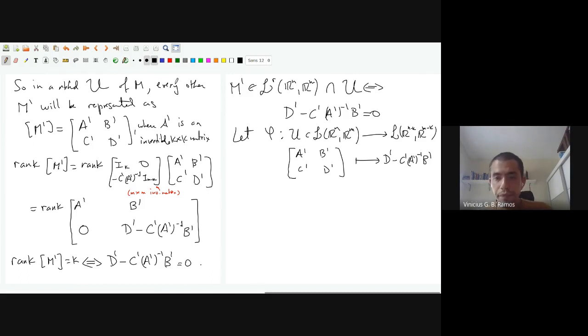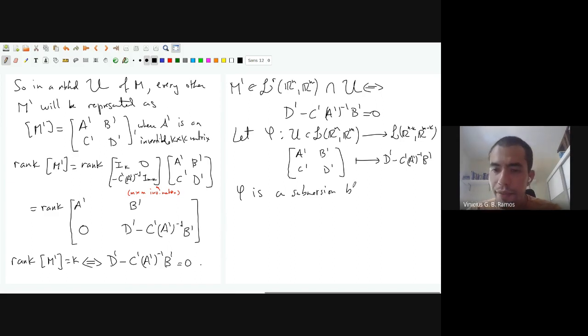Okay. So now you see that phi is a submersion. Why is that? Well, this is because if you keep A prime, B prime, and C prime fixed, and you just let the D vary, this is going to be the identity plus a constant.